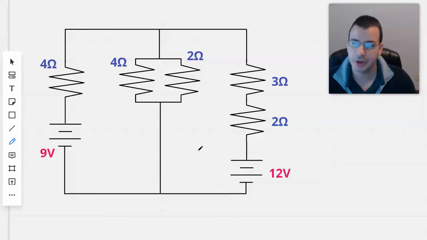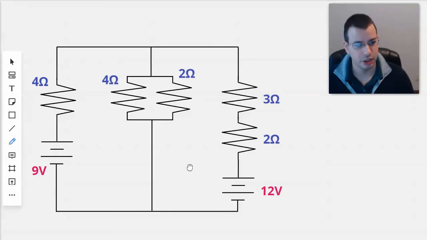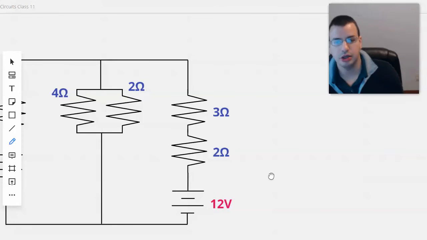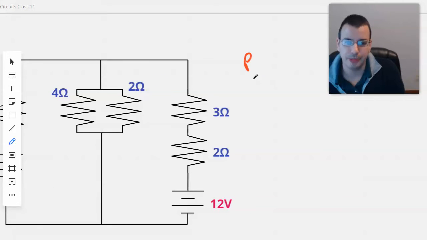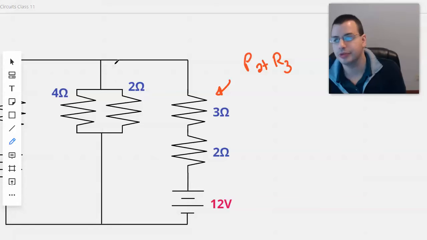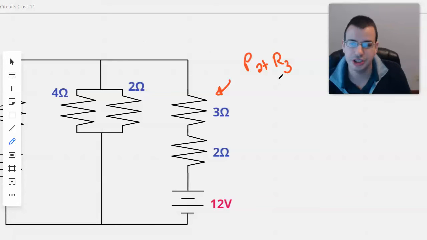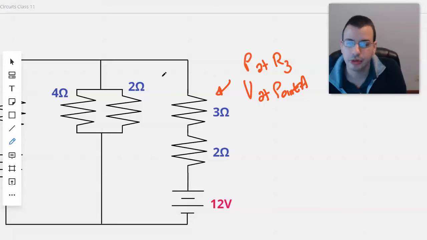Okay, so we're given a circuit like so, and the question then is, what is the power at resistor 3? So power at that guy right there. Then we'll also say, what is the voltage at point A, where this is point A right here.